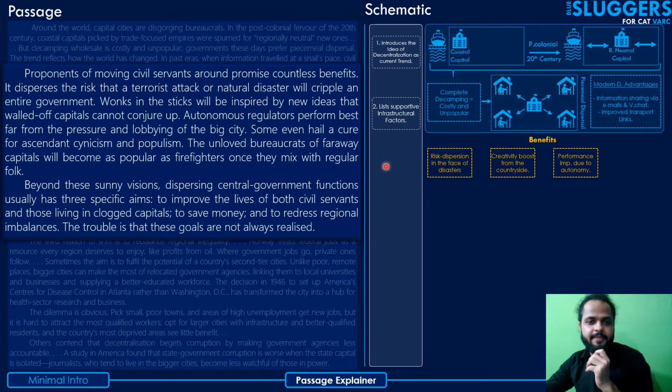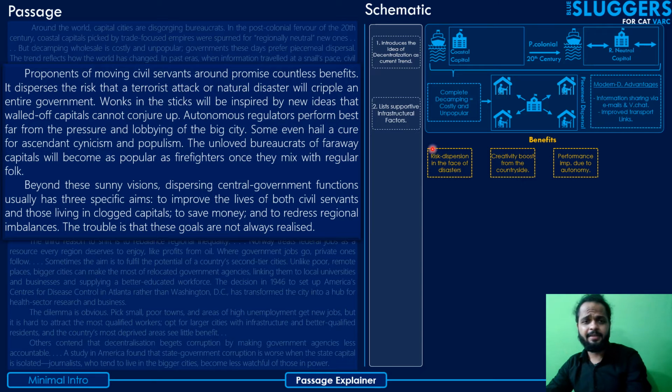Next, they say that autonomous regulators perform best far from the pressure and lobbying of the big city. Okay, and so a similar point. He says that if they are away from the big city, in that case they'll gain more autonomy. They'll have more independence, the government officials, the bureaucrats, and hence this independence might improve the performance, right?